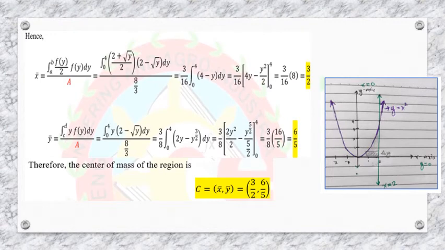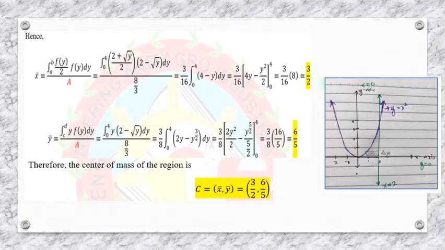Hence, using the formulas for the horizontal rectangle, class, kasi horizontal rectangle yung kinonstruct natin dito sa graph, ibig sabihin, f of y over 2. Sa area, sa rectangle, right minus left. Kung vertical rectangle, upper minus lower.